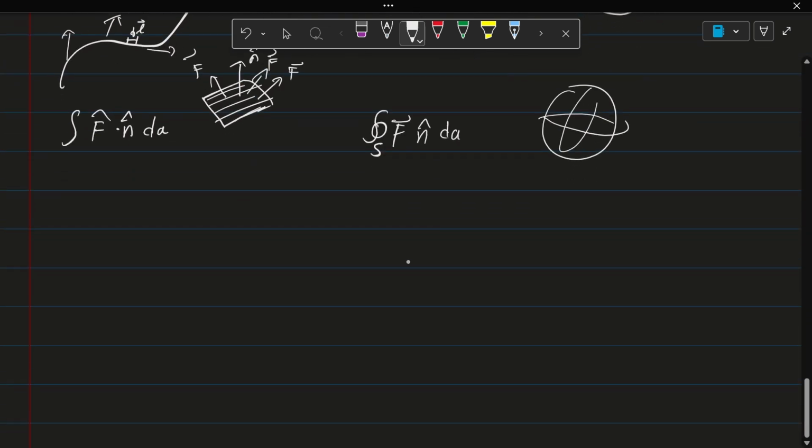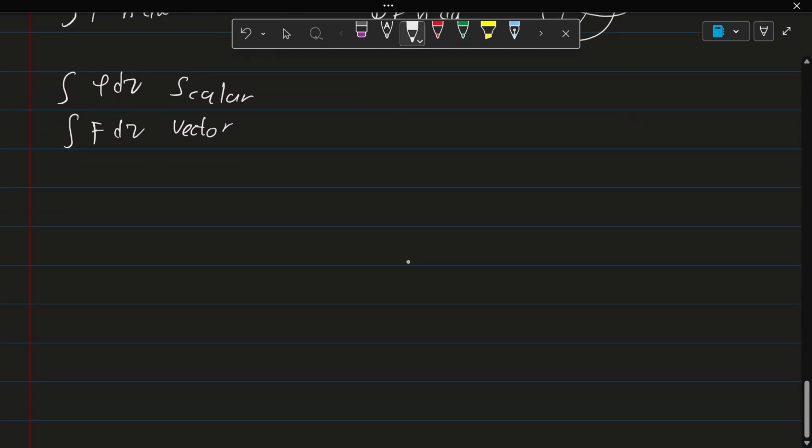Finally, if you want to do a volume integral for vectors or for scalars, you could just do pretty much the same definition for the Riemann sum. You just sum up each of the values for each of the small volumes. This would be a scalar, and this would be a vector, in which you could just do it term by term. So we are ready to discuss the divergence as well as the curl.